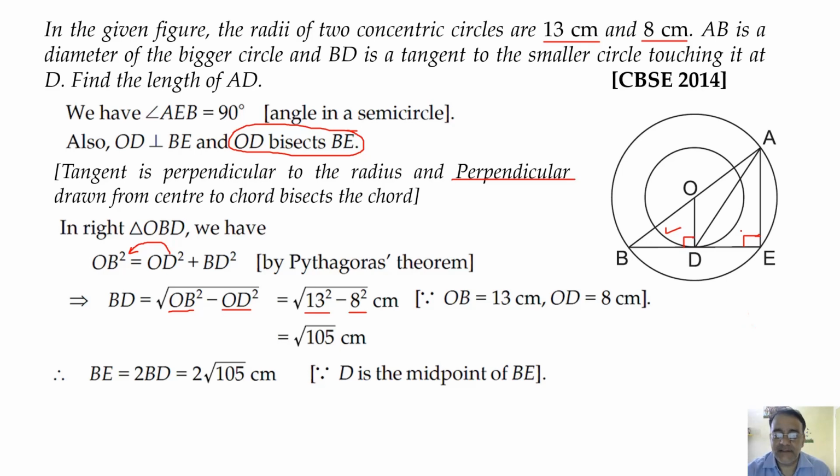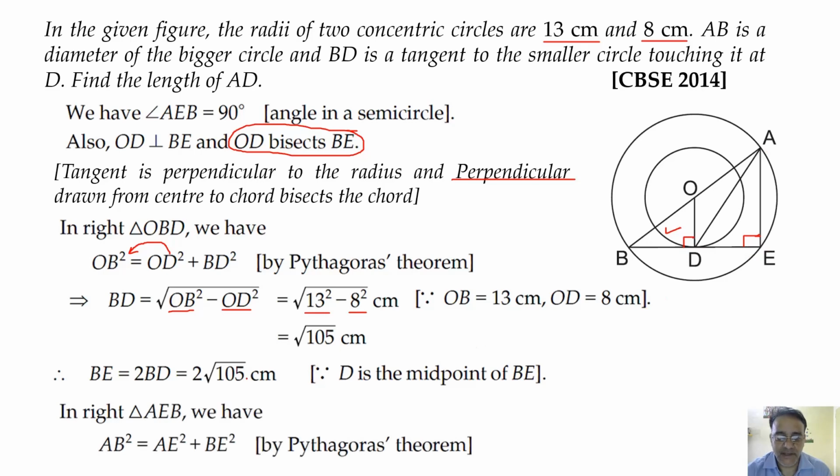Now if we apply Pythagoras theorem, we will get AB square is equal to BE square plus AE square. Okay, AB value we have and BE, we only need to find AE. So what will we do? We shift BE square to this side, it will become minus. So AE will be equal to root over AB square minus BE square.